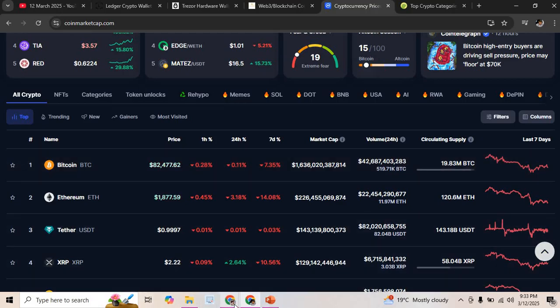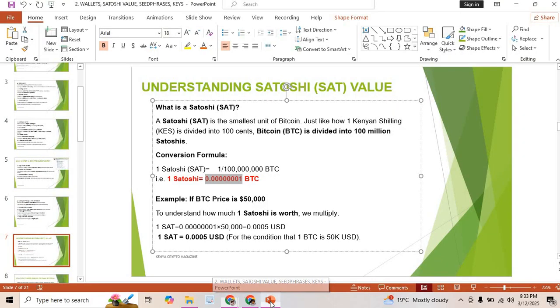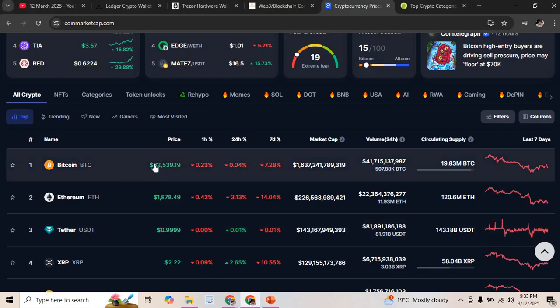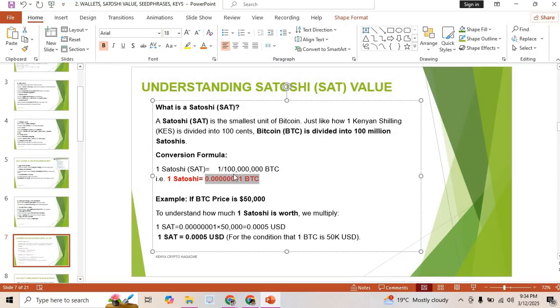Or let me do it right here, by the way. What we are saying is, if 1 Satoshi is equal to this amount of Bitcoin, and you want to get the current price of 1 Satoshi with the current market price of Bitcoin at 82,082,575, let me do that on my phone right now. 82,082,575 multiplied by the value of 1 Satoshi, 0.00000001. So the current price of 1 Satoshi according to the current market price of Bitcoin right now is 0.00082,575.